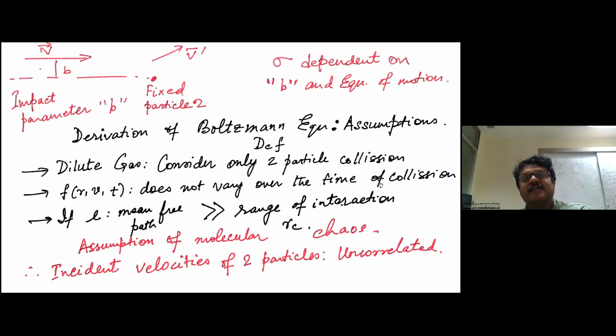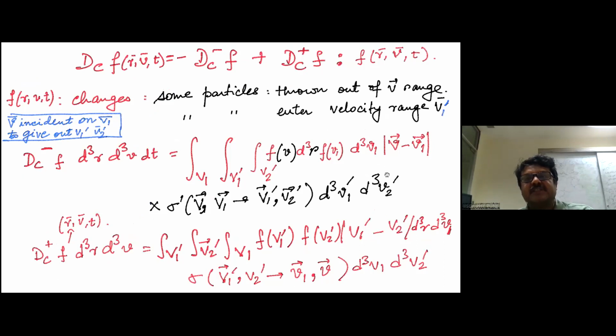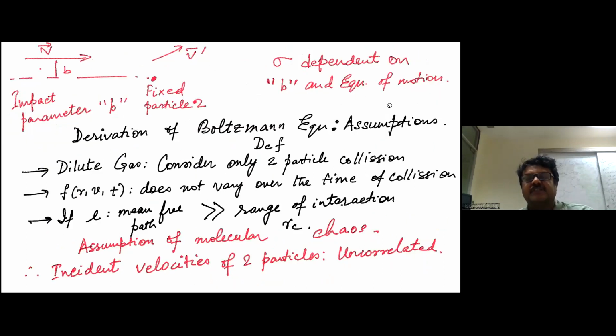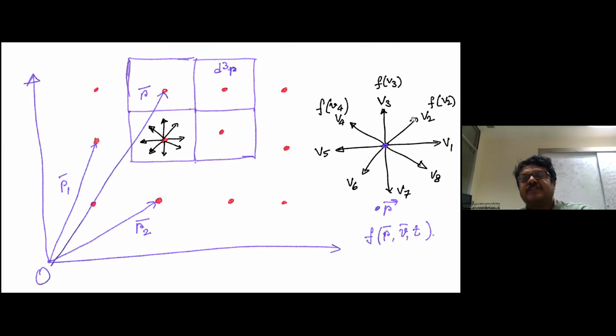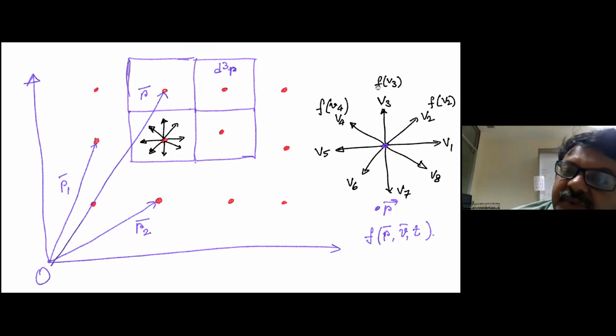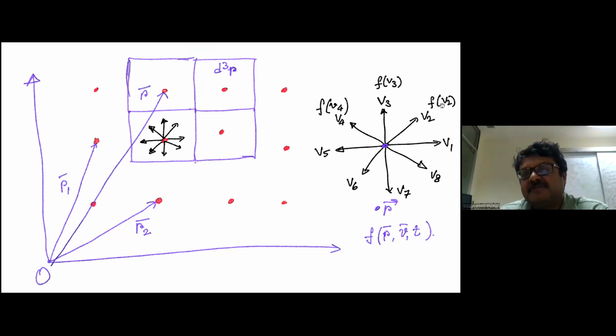On the other hand, because of inverse collision, there are going to be collisions between v2 and v3 and so on and so forth. I mean, sorry, the number of particles with velocity v2 and the number of particles with velocity v3 is a consequence of f of v3 and f of v2.